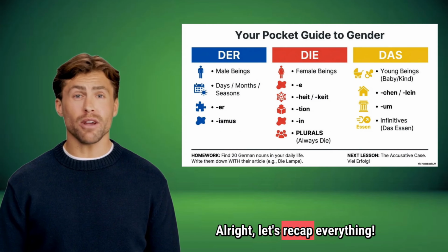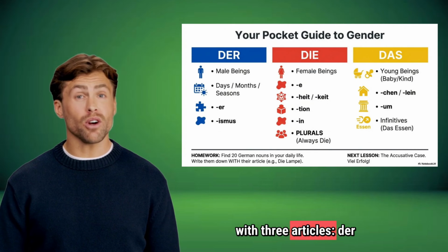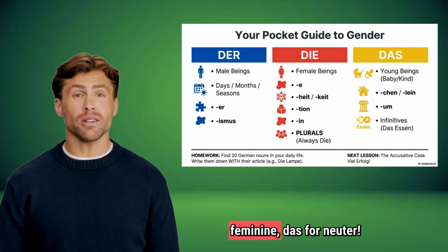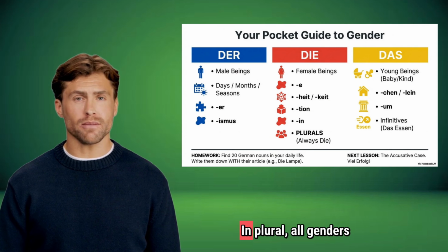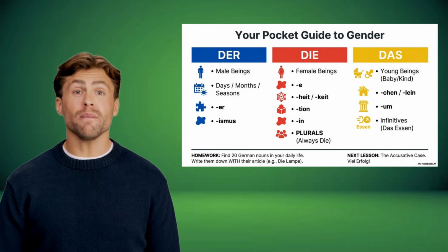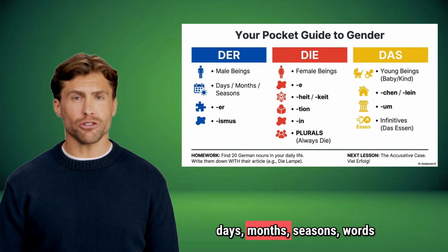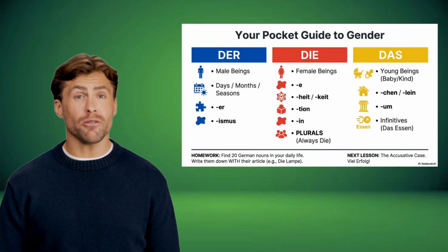All right, let's recap everything. German has three genders with three articles. Der for masculine, die for feminine, das for neuter. For indefinite, ein, eine, ein. In plural, all genders use die. Masculine patterns: male beings, days, months, seasons, words ending in er and ismus.